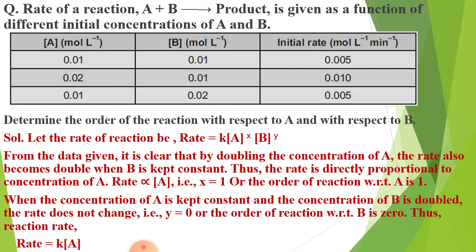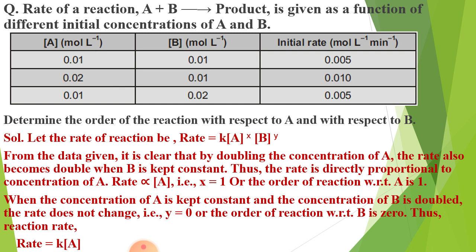From the given data, it is clear that we have taken experiment number 1 and 2. By doubling the concentration of A, in experiment 1 we have taken the concentration of A as 0.01, and in experiment number 2 this becomes 0.02. In that condition, the rate is also doubled from 0.005 to 0.010, when B is kept constant.